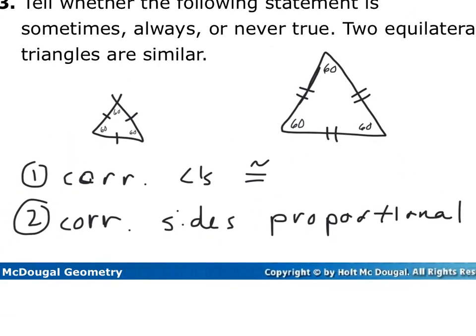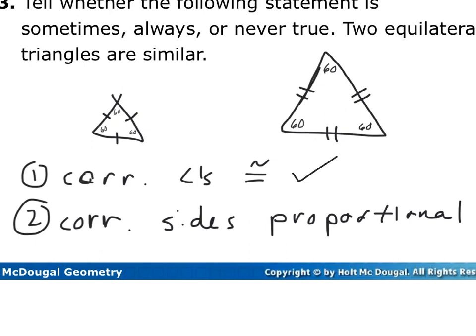So do we have corresponding angles that are congruent? Yes. So you can put a check mark there. No matter what two equilateral triangles we have, their corresponding angles will always be congruent because their angles are always going to be 60.